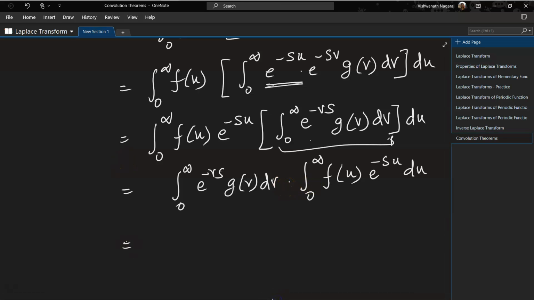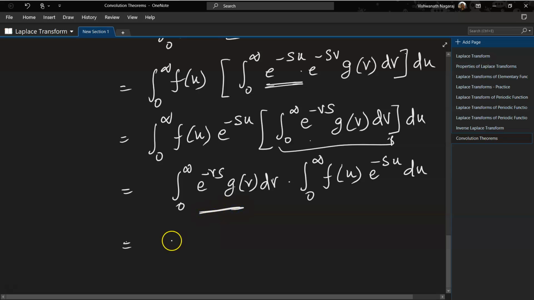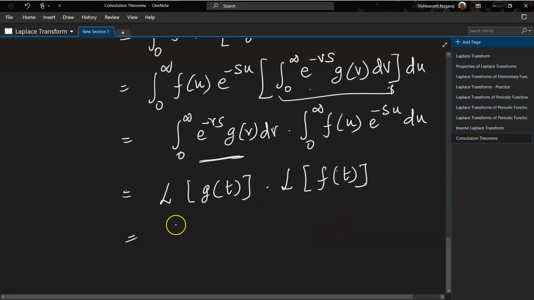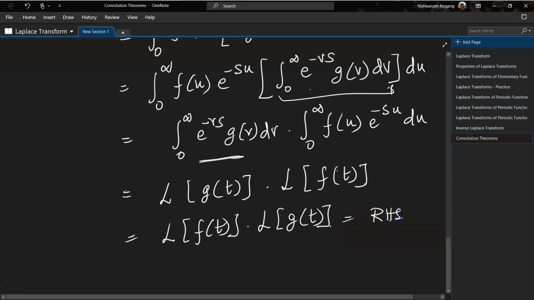Now, what is this? This is nothing but, as per the definition of Laplace, the Laplace transform of g of t. And what is this? This is again the Laplace transform of f of t, and since it is a normal multiplication, it is commutative. So Laplace transform of f of t times Laplace transform of g of t, which is nothing but the right hand side, right?